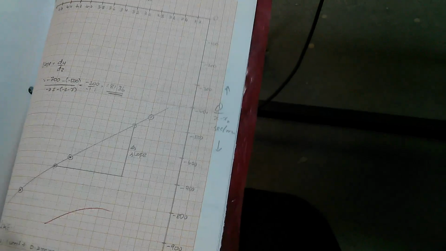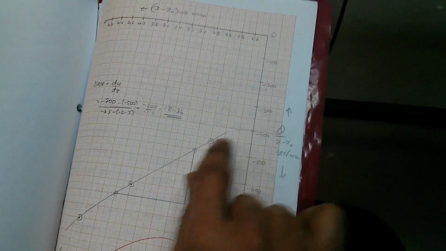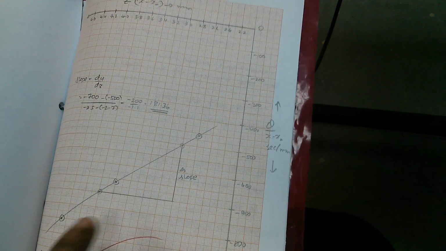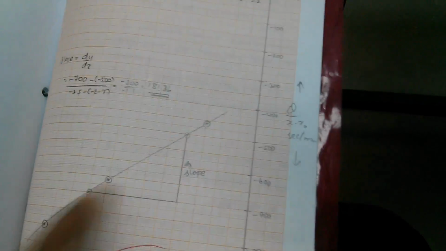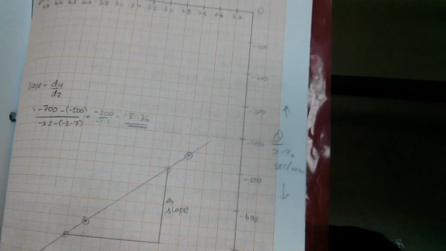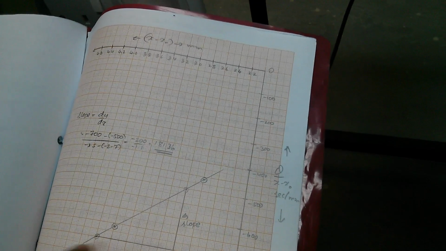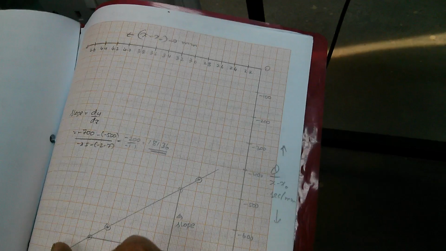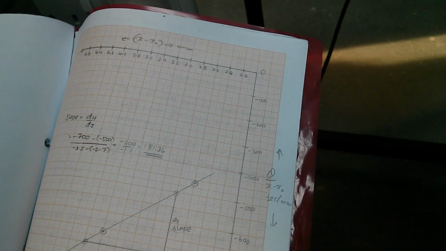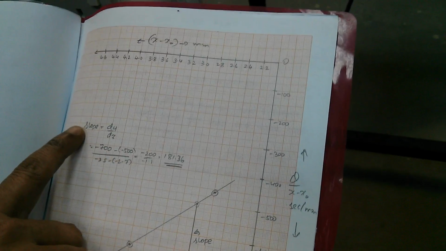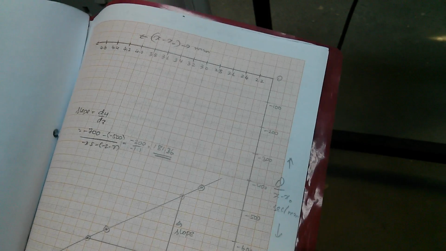Then a best fit straight line connecting all the points is drawn. You are required to find the slope of this line. Arbitrarily choose two points, get the corresponding x and y values, and find the slope using dy by dx.